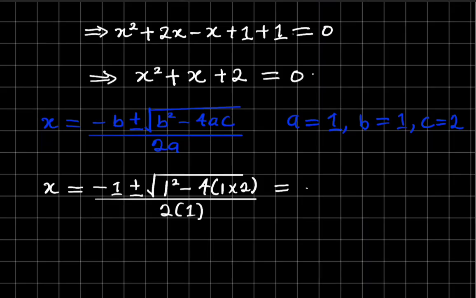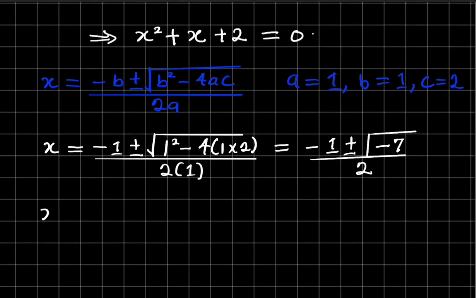So here we are going to have minus 1 plus or minus the square root of, what do we have here? This is 1. 4 times 2, that's 8. That will be 1 minus 8, which gives us negative 7, everything over 2 times 1, 2.